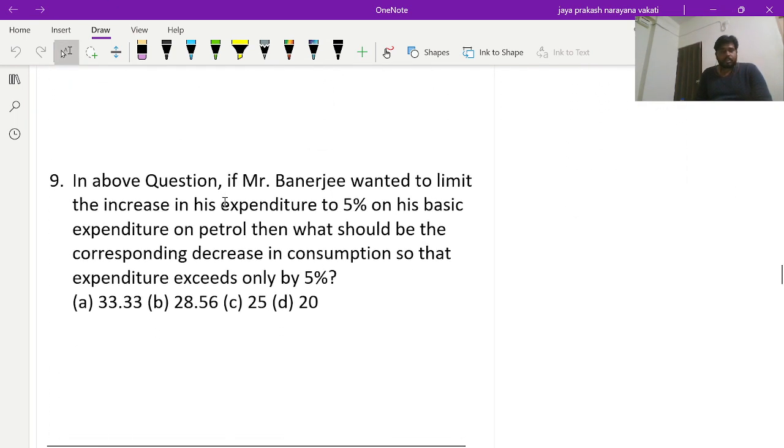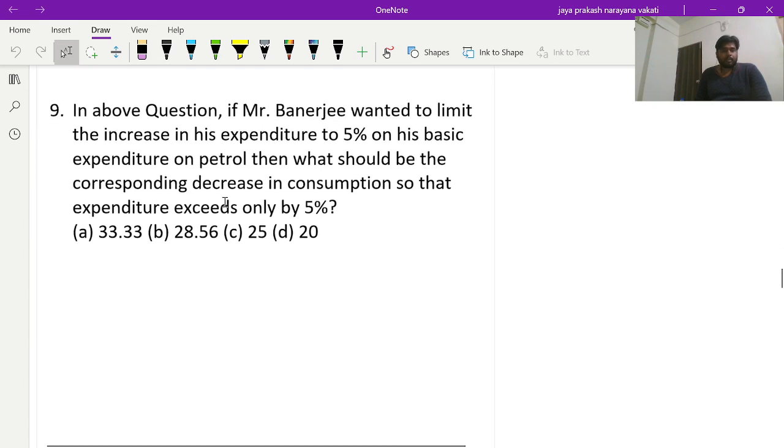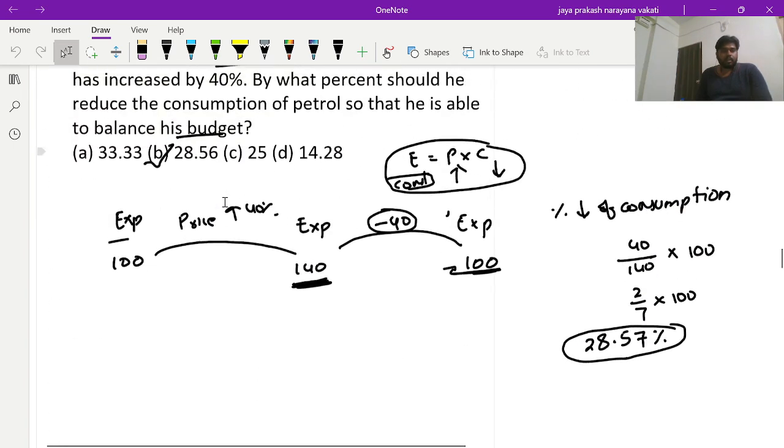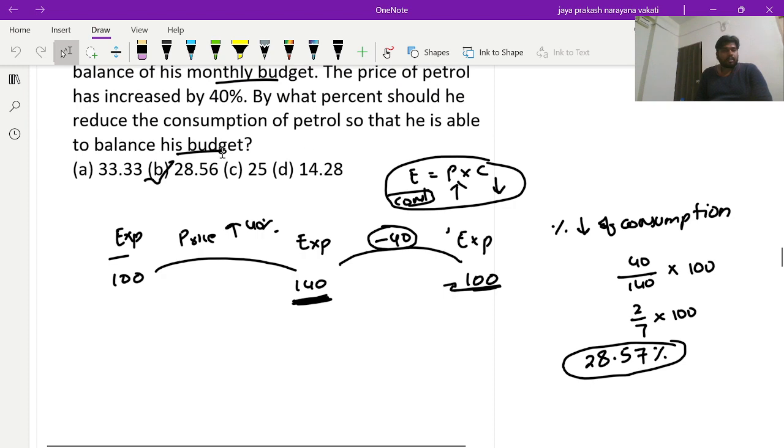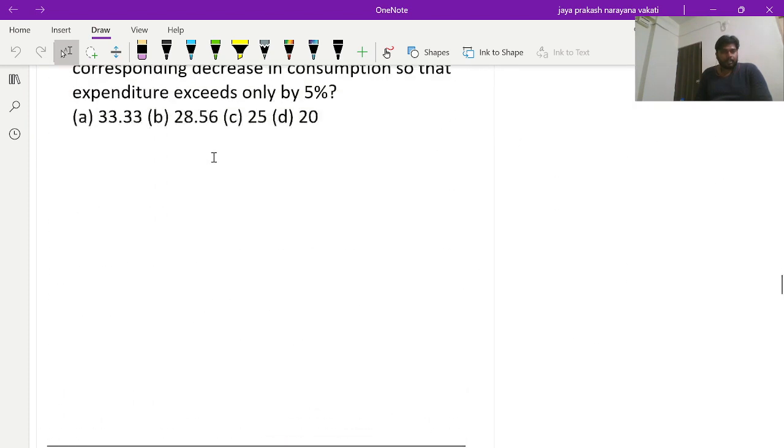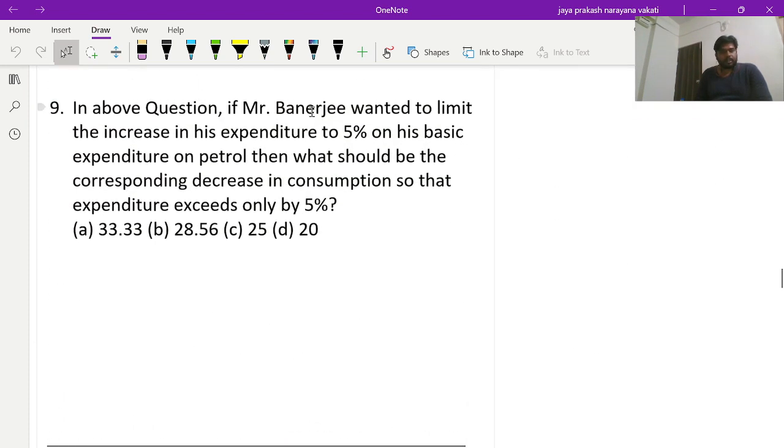This question is also depending on the previous question. In the previous question, you had spent the same amount, but here, just look at this. In the above question, if Mr. Banerjee wants to limit the increase of his expenditure to 5% on his basic expenditure. So, previous problem, let's say expenditure is 100.